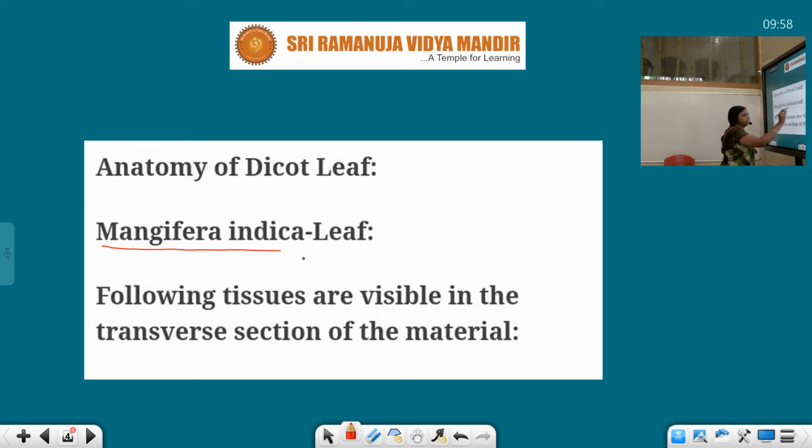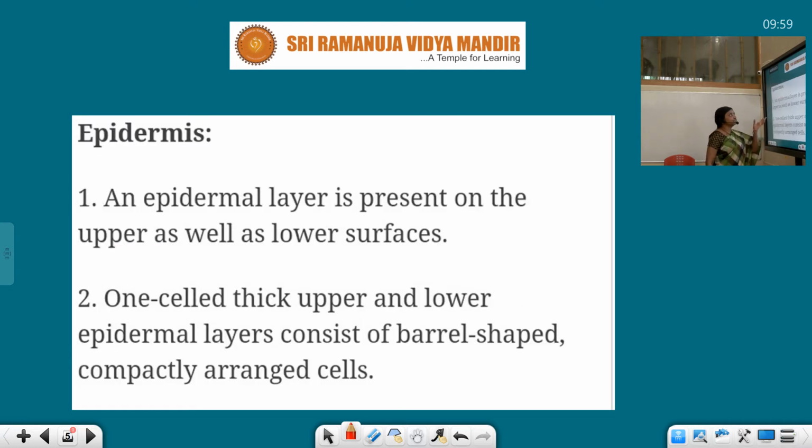If we take Mangifera indica, that means mango leaf, the following tissues are visible in the transverse section of the material. The first structure is epidermis. An epidermal layer is present on the upper as well as lower surface. On both sides we can observe the epidermal layer, and the one-celled thick upper and lower epidermal layers consist of barrel-shaped, compactly arranged cells.